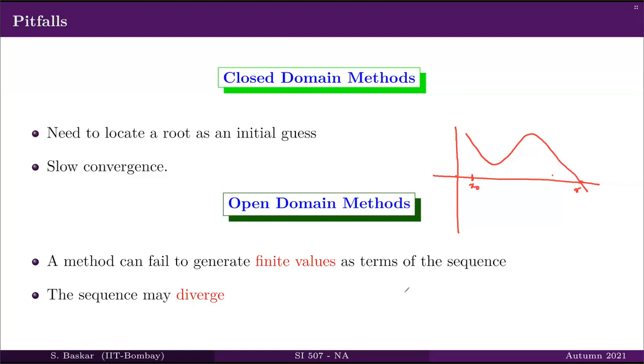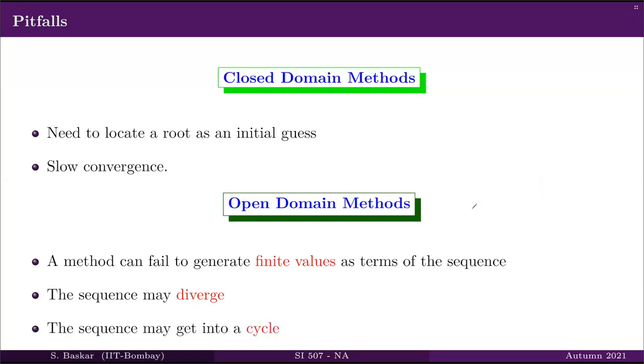Say you are choosing your x0 here, then you may land up with an iteration which oscillates between two numbers. For instance, your x1 may be here and your x2 might go like this and hit x0 again, and therefore your x2 will happen to be x0, and therefore x3 will happen to be x1, and so on. If such a situation occurs, we say that the iteration is stuck in a cycle.